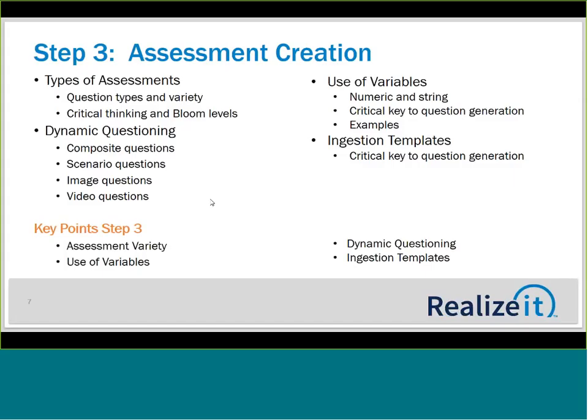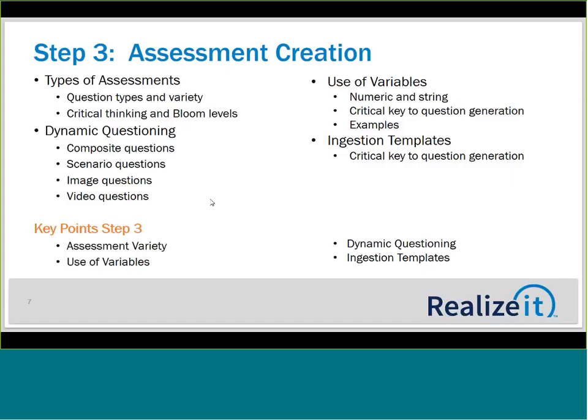So we have critical thinking and Bloom's level question stems that we've matched.